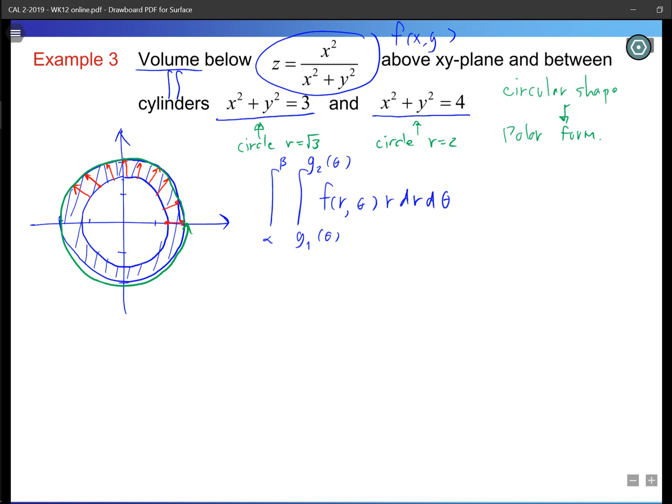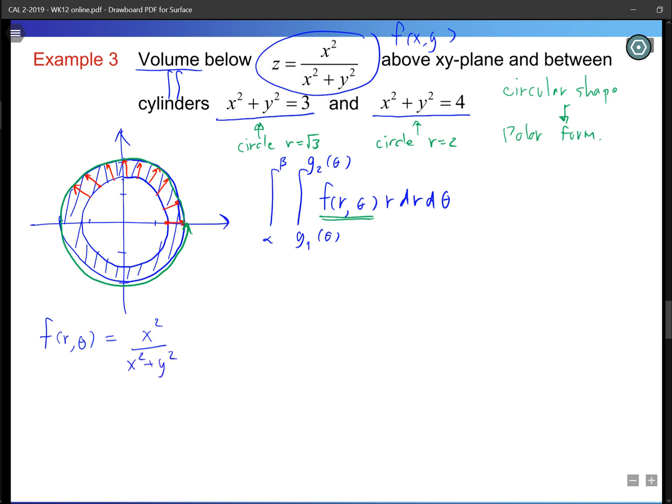Okay, the first thing we need to find out is this function in terms of r and theta. Right now we have z equal to x squared divided by x squared plus y squared.